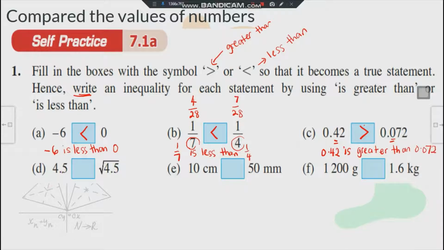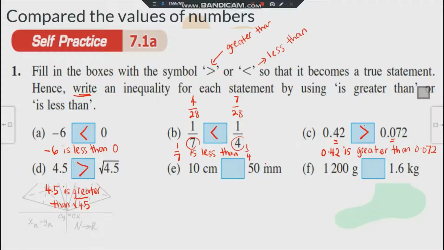Question D, 4.5, compare with square root of 4.5. Obviously, 4.5 must be greater. So write down the statement: 4.5 is greater than square root of the same number.